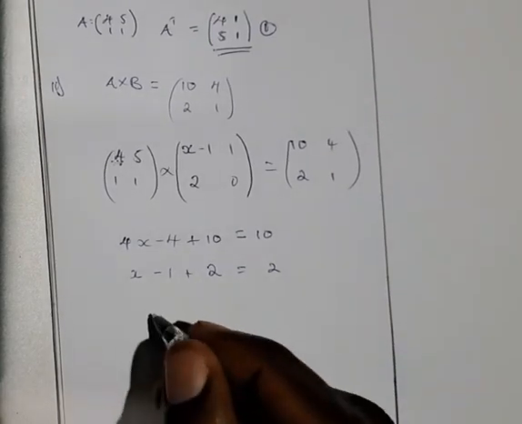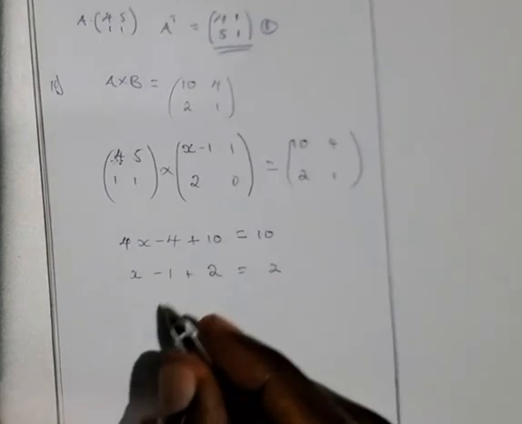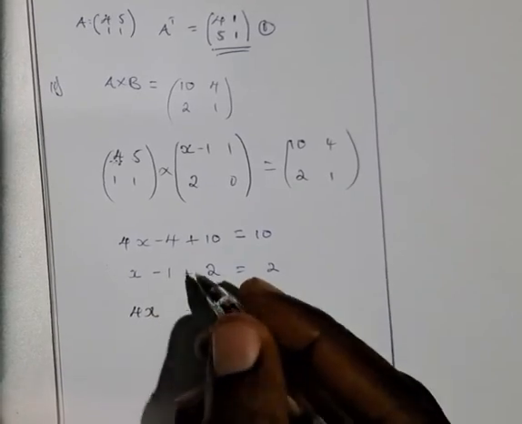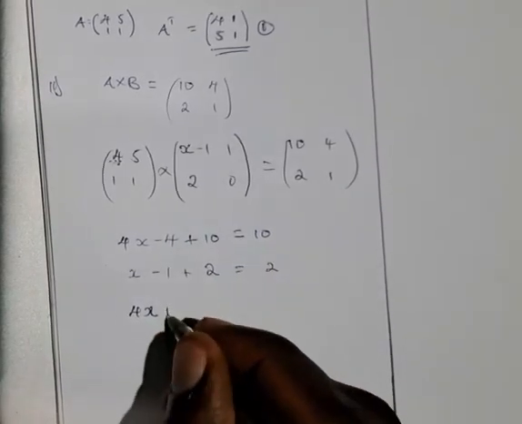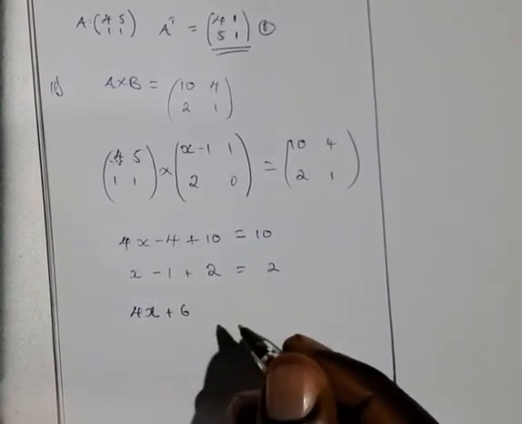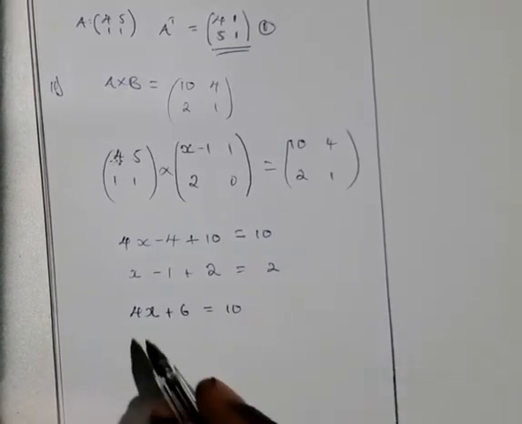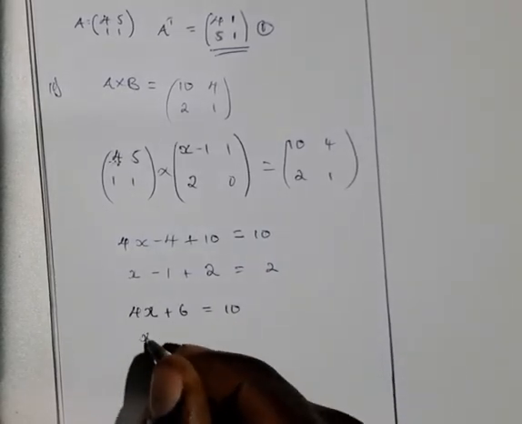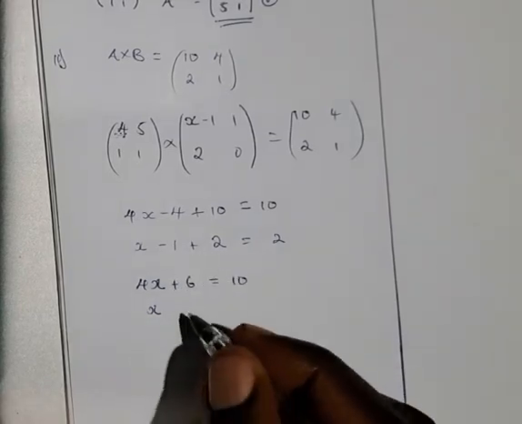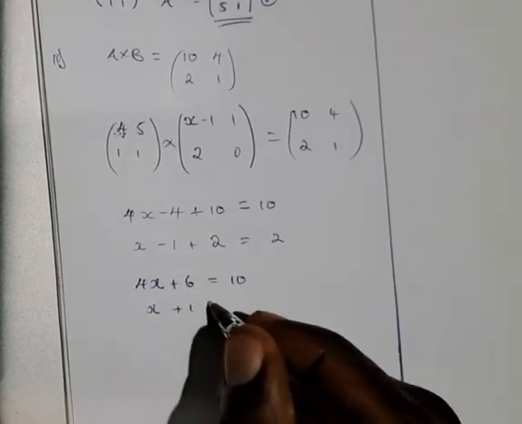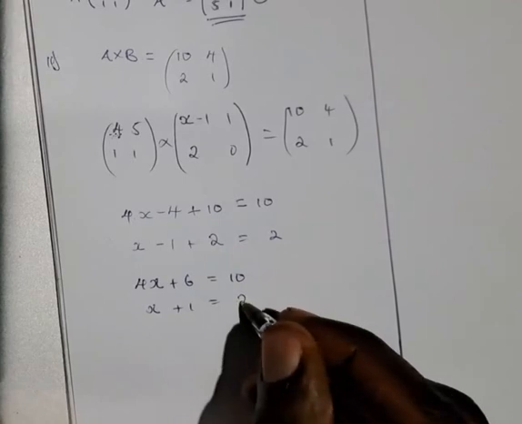So we have 4x there. I think this one is giving me positive 6, is equal to 10. Then this one, I'm going to have x there. This one will give me positive 1, is equal to the 2 that is there.